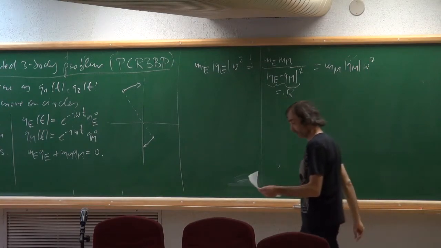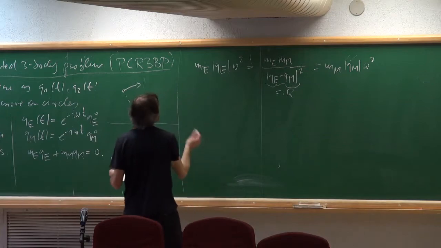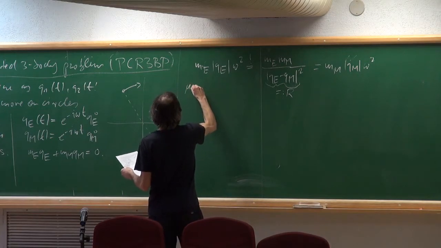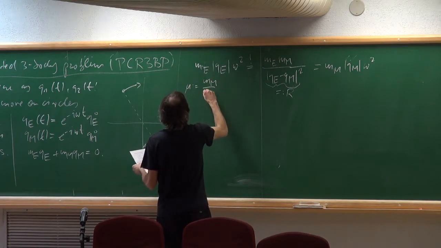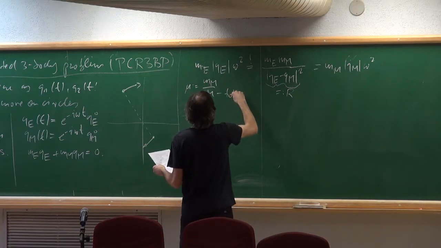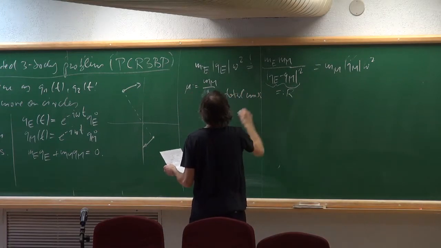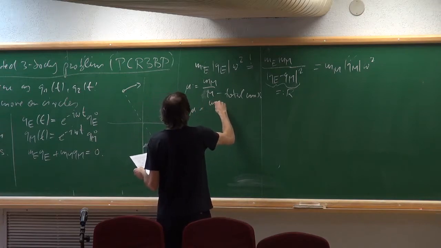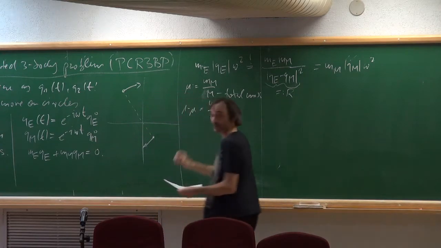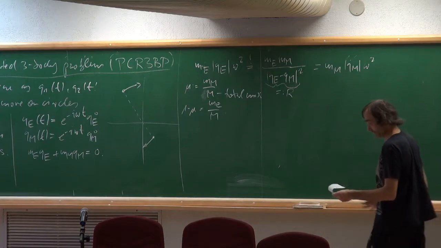So from this, now if we also write mu, the relative mass of the moon divided by the total mass, and then 1 minus mu must be the mass of the Earth divided by the total mass.